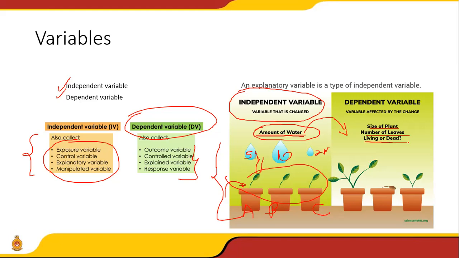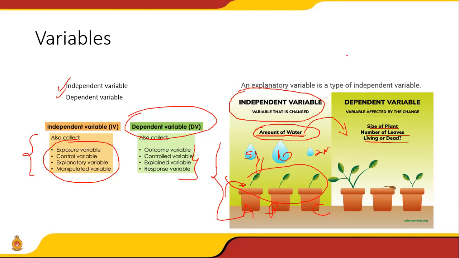As we already know, according to the amount that we pour on a plant, plants will grow at different levels and the number of leaves will be different. Not only that, we also have to check whether it's living or dead. So that's the whole story.